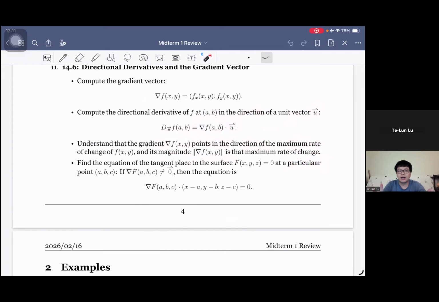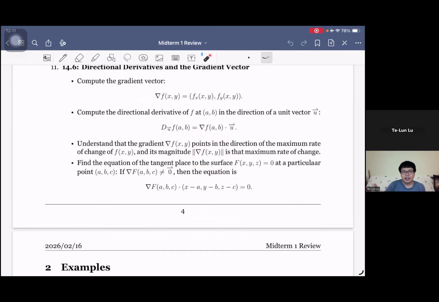So the maximum of the directional derivative along each direction will be the magnitude of nabla f, in the direction of nabla f. And it will be minimized by minus nabla f, with the value of minus the magnitude of nabla f. Okay.